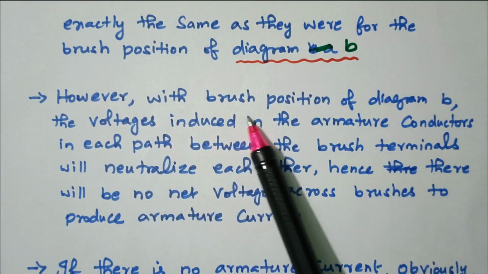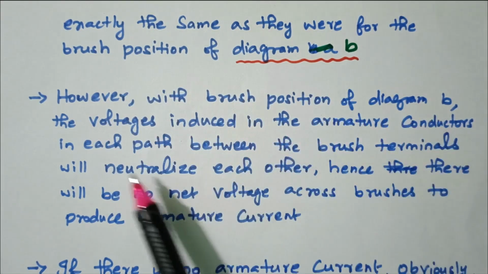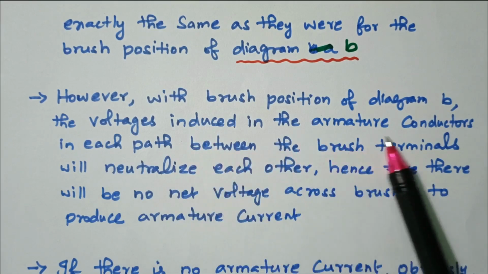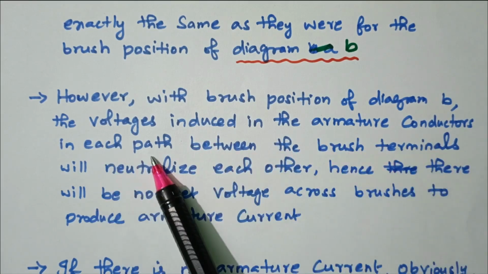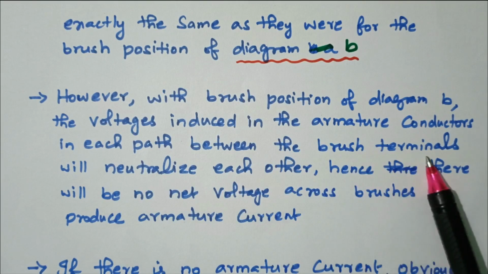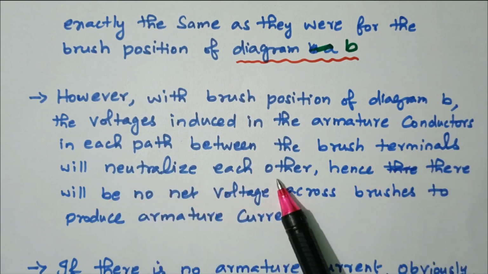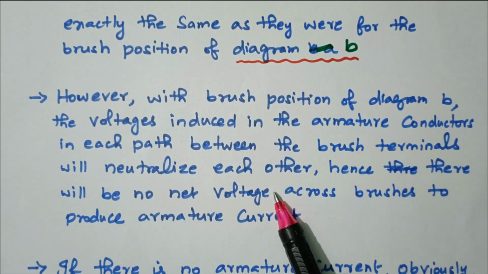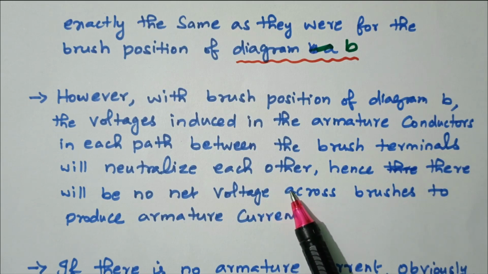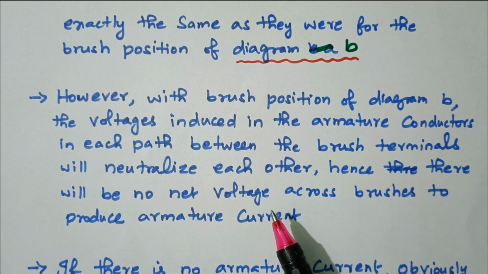However, with the brush position of diagram B, the voltages induced in the armature conductors in each path between the brush terminals will neutralize each other. That's what we already discussed. In the vertical position, EMF is induced with the direction given in diagram A. In the horizontal position, there is no net induced EMF, so there is no current direction given in diagram B, right?